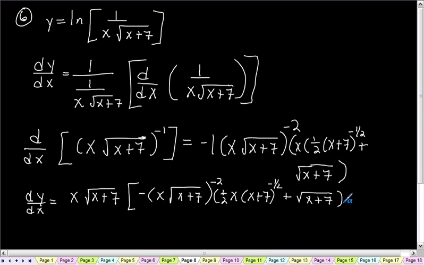Let me see if I got this straight real quick. Okay. Close here, and then bracket there, and close here and bracket there. Boom, boom, boom, boom. Okay, so far so good.